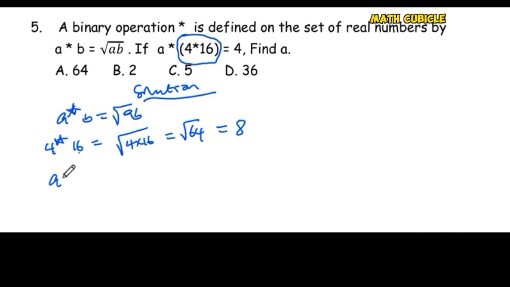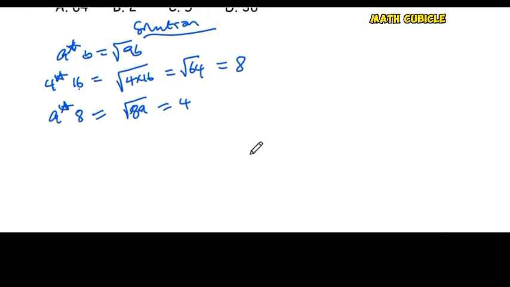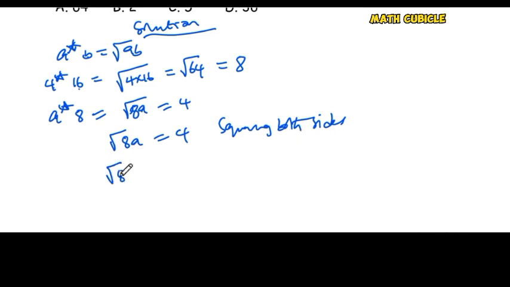So it becomes A operation 8 is equal to, A is holding A here, B is holding 8. So we plug this into this expression, then equate it to 4. So it becomes root 8A is equal to 4. Now when we square both sides, we have root 8A squared is equal to 4 squared.